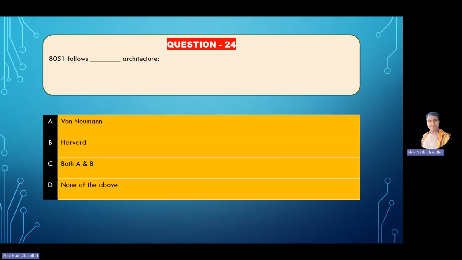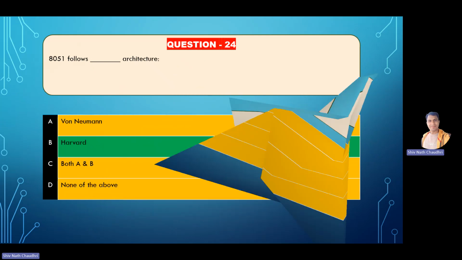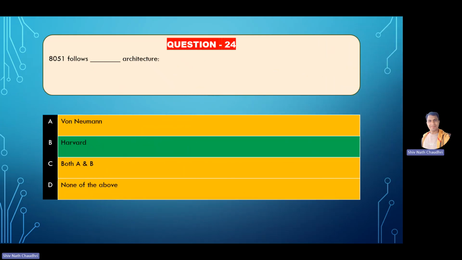But in microcontrollers like 8051, we have separate memory for data and programs. So 8051 is a microcontroller, and microcontrollers follow Harvard architecture. So option B is the right answer for this question. Yes, 8051 follows Harvard architecture. In this, we have separate memory for data and program.